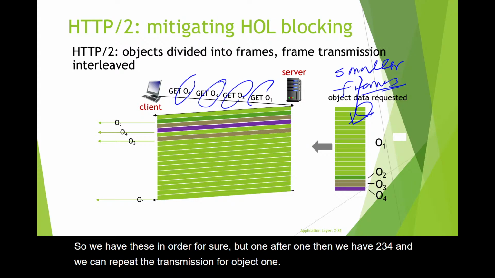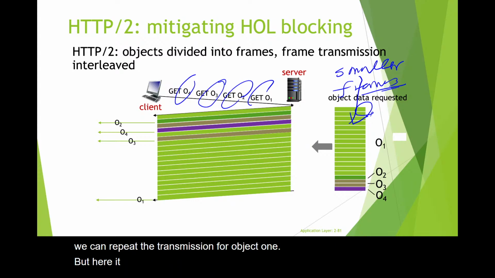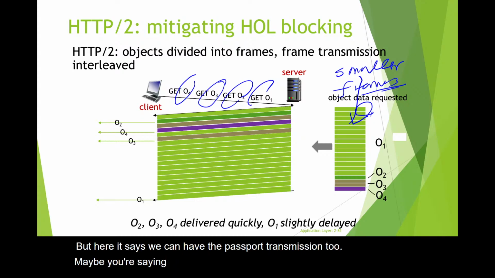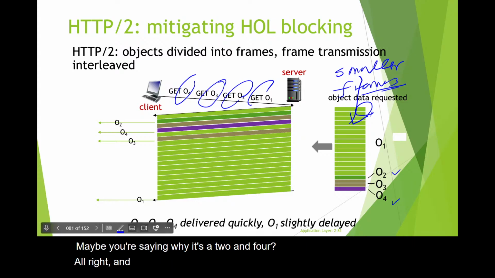But here it says we can have a possible transmission of 2. Maybe you wonder why it's 2 and 4. Perhaps we have some assumption. Even if it should be 3 and 4, fine.